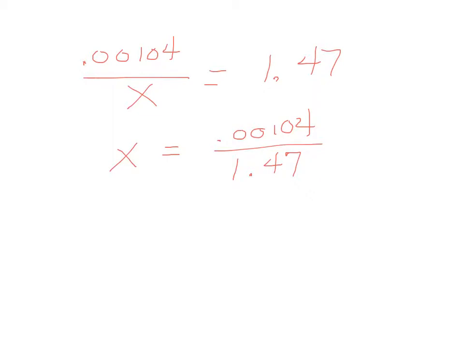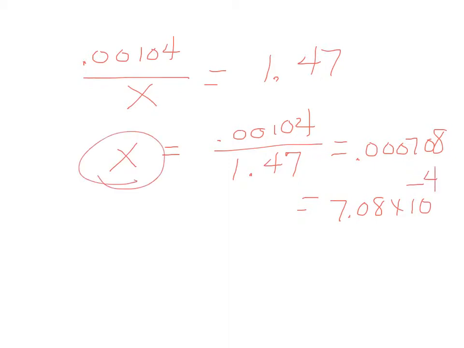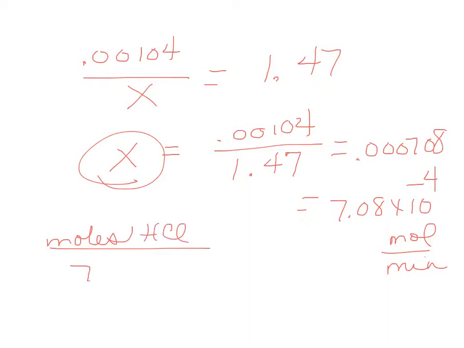And that is equal to, okay, if you want to put it in scientific notation, X is a rate, and that is moles per minute. And I think the problem asked us for how many moles of HCl would diffuse. So now we have to get from moles per minute to moles.